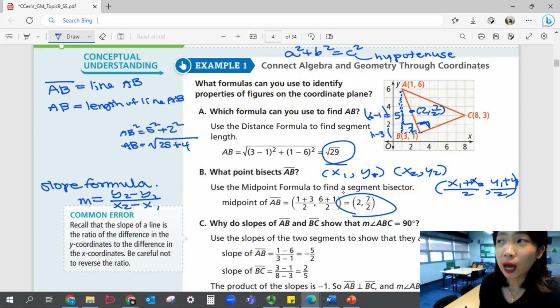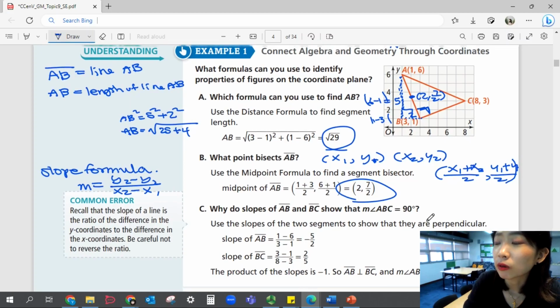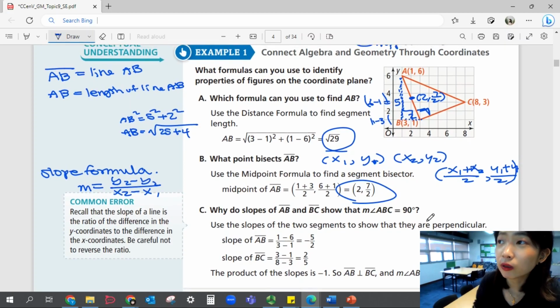And that's why when you count the slope, when you're graphing an equation, you count up and down first because that represents a vertical change. Okay, so the slope of AB is 1 minus 6 divided by 3 minus 1, and that's equal to negative 5 over 2. So the slope for this line is negative 5 over 2. And the slope for BC is 3 minus 1 over 8 minus 3, and that's 2 over 5. So that's m equals 2 over 5.